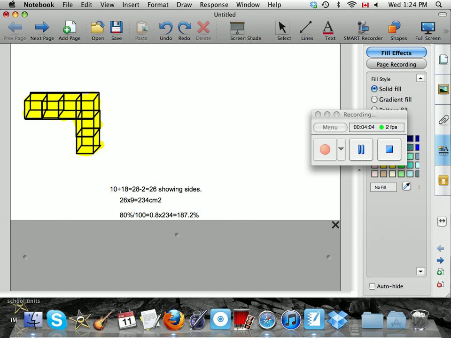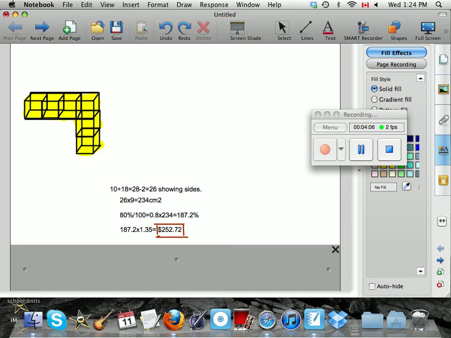Okay, and now for our final reveal. 187.2 multiplied by $1.35, because that is how much 9 centimeters squared costs to paint, and there are 26 sides showing.